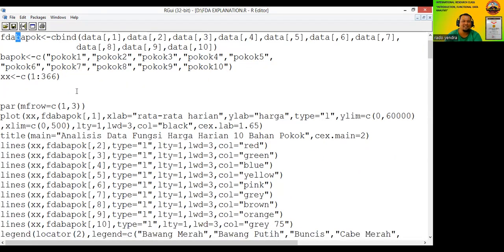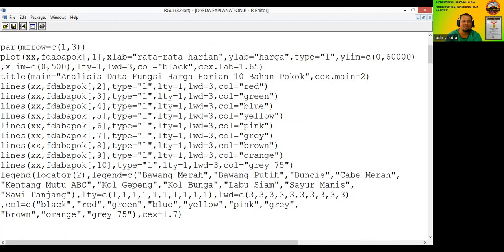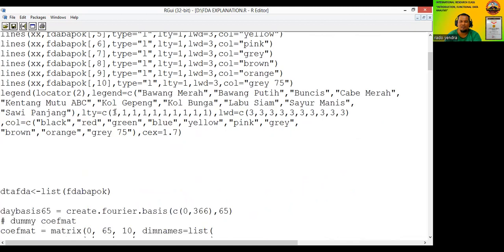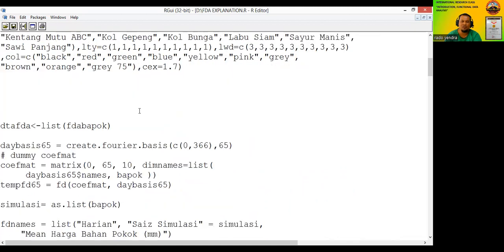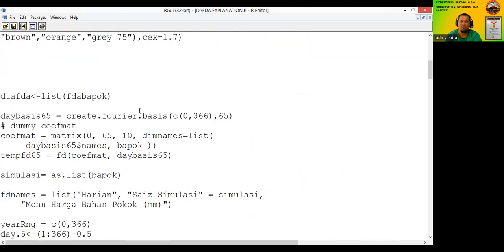Okay, and then try to make the graph. You will find some overlapping graphs. After you have this graph, you try to make the smooth graphs by giving the number of bases.